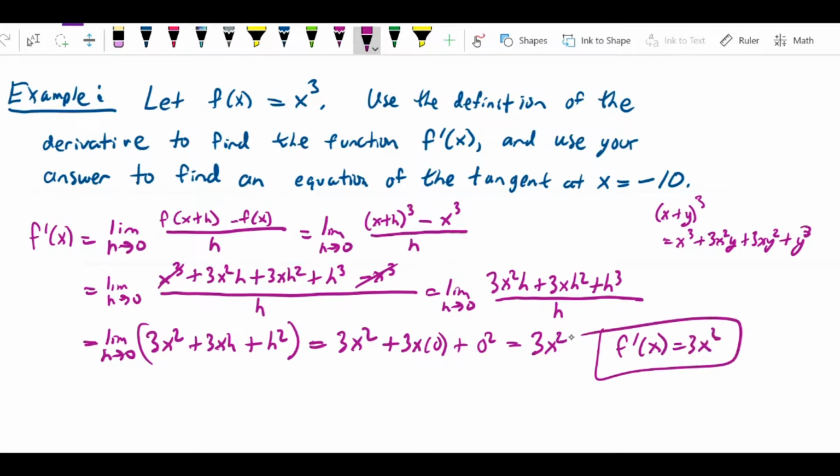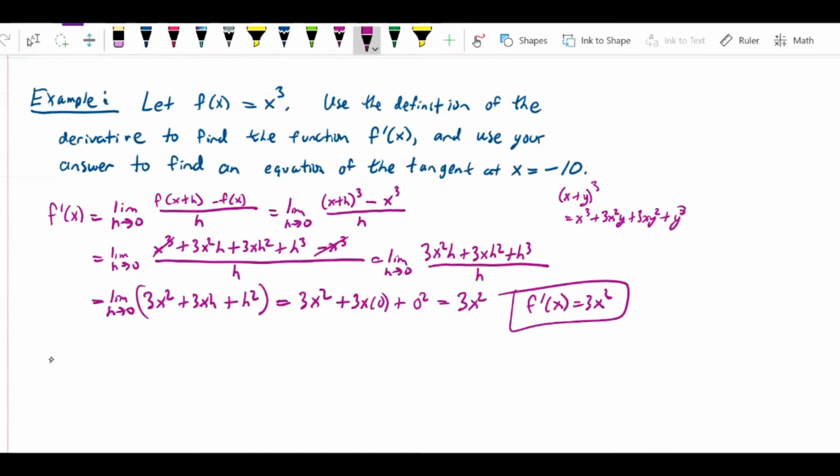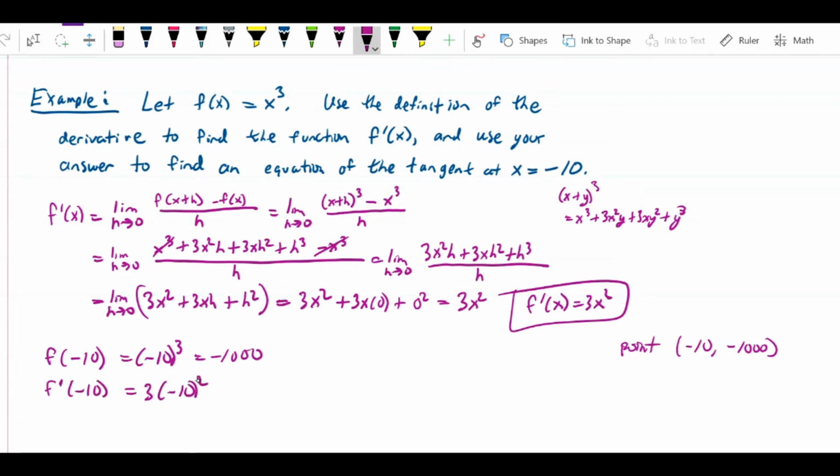And now I want to use that answer to find an equation of the tangent line at x equals -10. Well, let's see. We know that f of negative 10 is going to equal negative 10 cubed, which equals negative 1,000. So the point of tangency is negative 10, negative 1,000, and the slope, which is going to be f prime of negative 10, is going to be 3 times negative 10 squared.